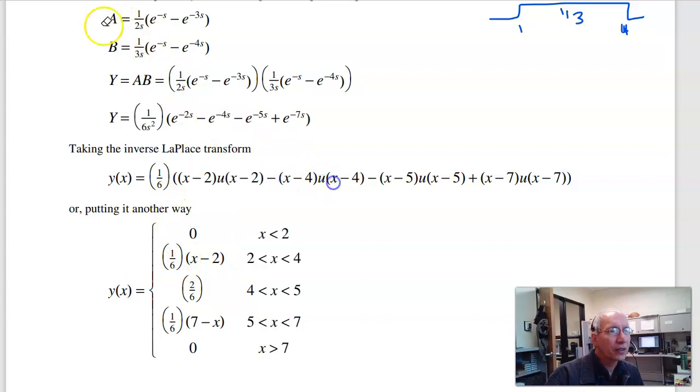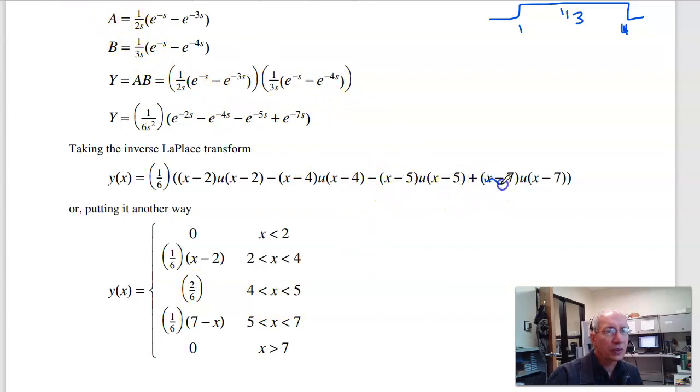Between 2 and 4, these turn on, so this is 1 when t is bigger than 2 and less than 5. This gives you x minus x is 0. 2 minus 2 plus 4 is 2. 2 over 6.